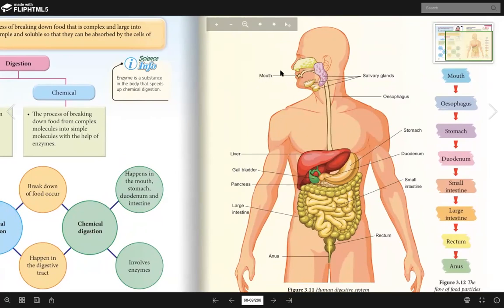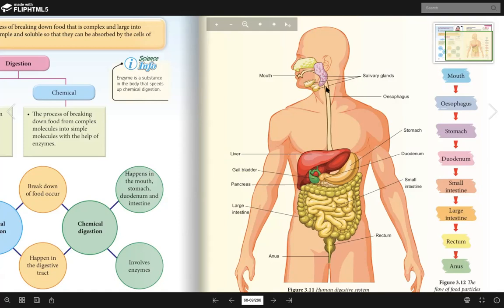And then the food that we chew, makanan yang kita kunyah tu, will be transferred to the esophagus. Ni esophagus ni. Bear in mind in the esophagus there is a muscle, muscle tu dia akan buat peristalsis. The muscle in the esophagus will contract and relax. What is the advantage of doing that?